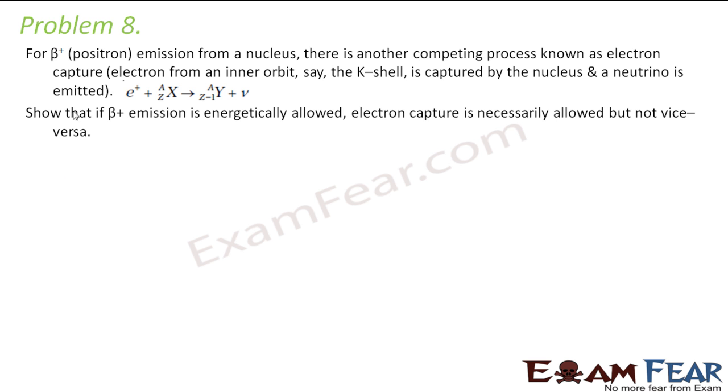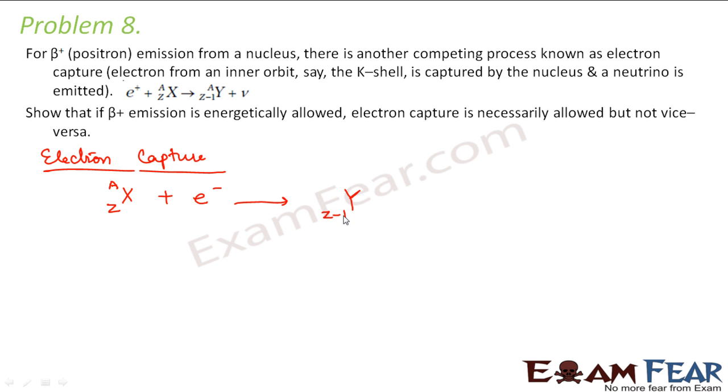So let us first of all write down the equations for both beta plus decay and electron capture. So when I talk of electron capture, as the name suggests, what happens in electron capture? The particular atom will capture one electron. So it will form a daughter nucleus whose charge, since it has taken one negative charge, therefore its atomic number will reduce.